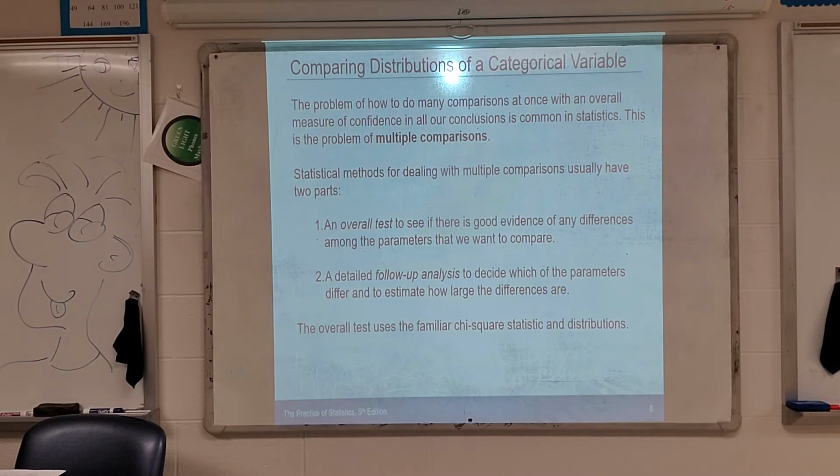One, an overall test to see if there's good evidence of any differences among the parameters that we want to compare. And two, a detailed follow-up analysis to decide which of these parameters differ and to estimate how large the differences are. The overall test uses that familiar chi-squared statistic and distributions, what we're used to, okay? Hopefully we're paying attention, guys.